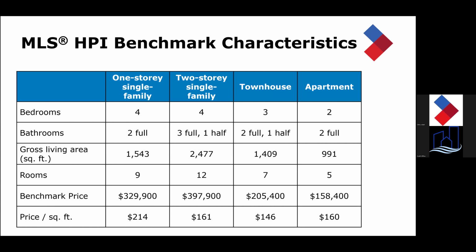So in the previous table 2 slides ago, we were looking at the same property type across different neighborhoods. And now we're looking at different property types that are all within the same neighborhood. And of course, you can mix and match. You can look at different property types across different neighborhoods. All of that data is there waiting for you on the MLS HPI tool.